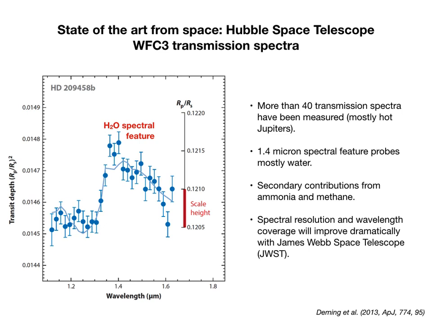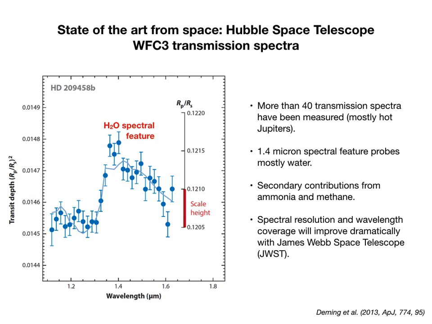And to date, more than 40 transmission spectra with WFC3 have been measured, mostly of hot Jupiters. But what's exciting is that astronomers are starting to figure out how to make these measurements for Neptune-sized exoplanets, and very soon for planets that are slightly larger than the size of Earth. And as the technology advances, especially with the James Webb Space Telescope, this technique will be extended down to Earth-sized exoplanets, we hope.